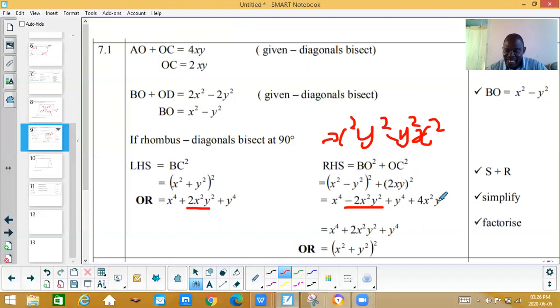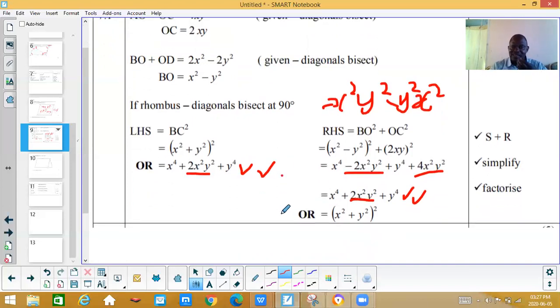Now you collect like terms: 4x squared y squared minus 2x squared y squared gives us 2x squared y squared. Now, when you look at this expression and this expression, they are the same. Since they are the same, it means this one is a rhombus.